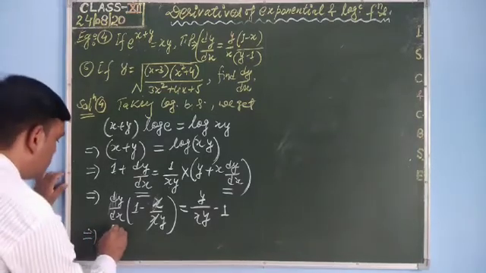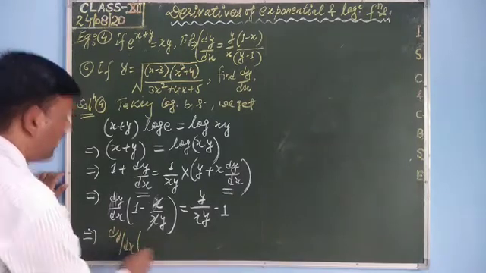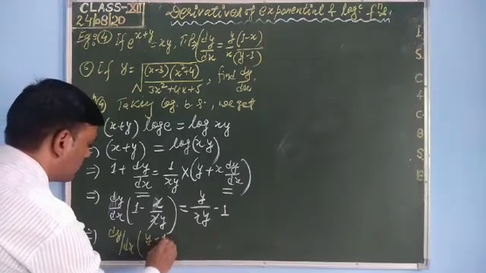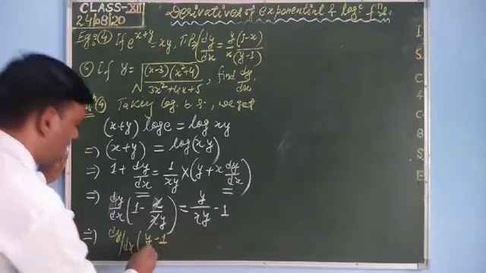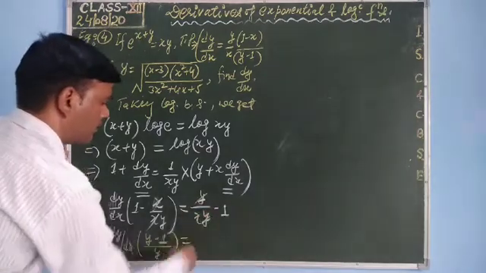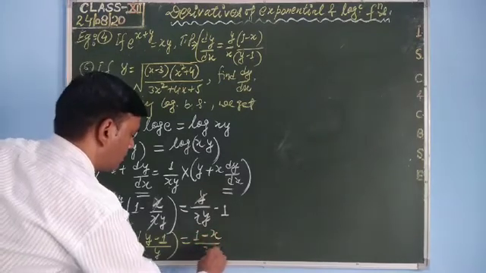We get dy by dx into (y minus 1) upon y is equal to, this y will be cancelled out, 1 minus x upon x.